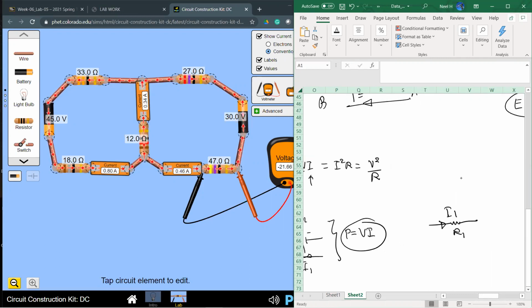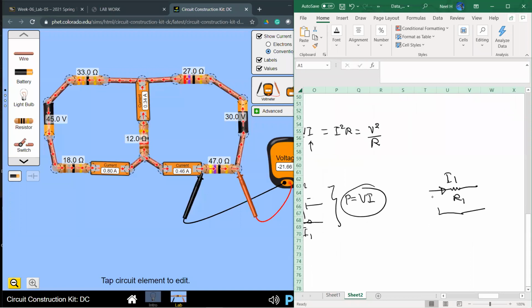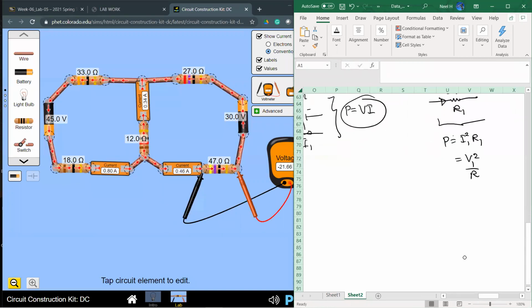Power dissipation means the resistor is getting rid of or converting the power into a different type, sometimes heating and so on. Which means I have the freedom of calculating that power any way I like. I can find the power for R1 by using I squared R1, or I can use V1 squared divided by R1, or I can even use V1 times I1.